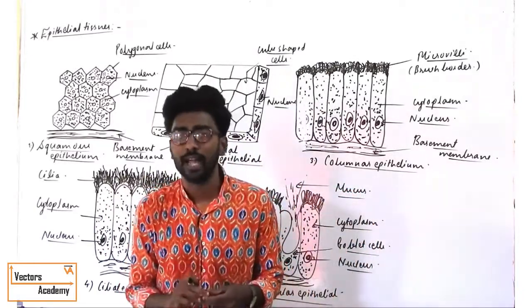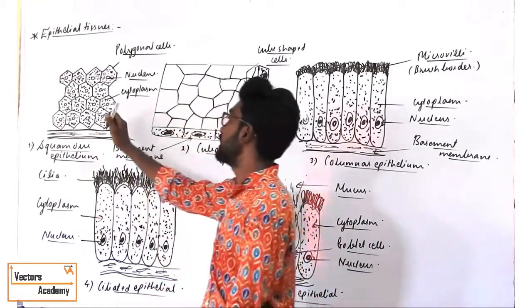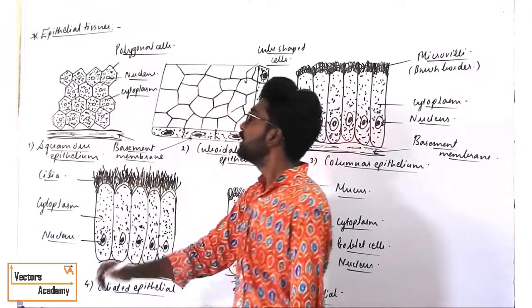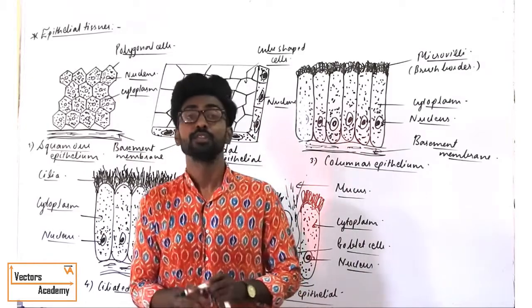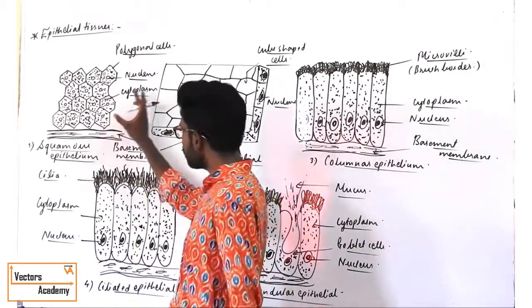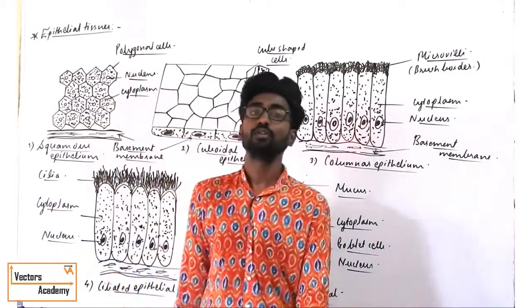Have you ever seen the tiles of the floor? They do not have a single minute gap. Like that, the cells are arranged like the tiles of the floor, and that's why this squamous epithelium is also called pavement epithelium.